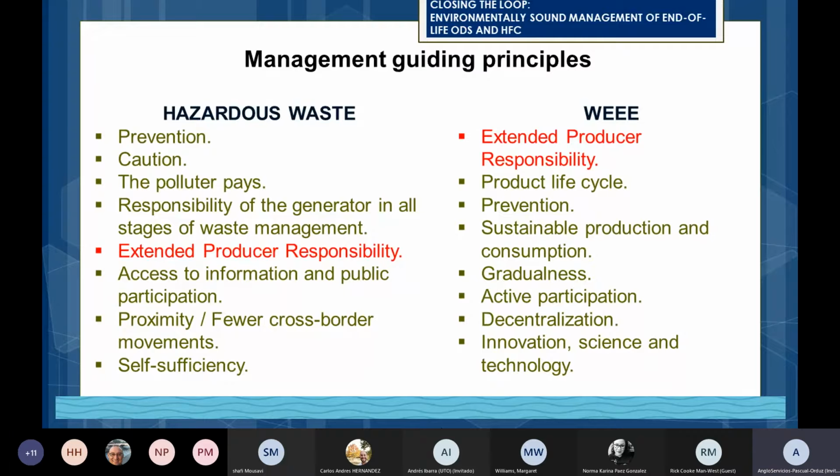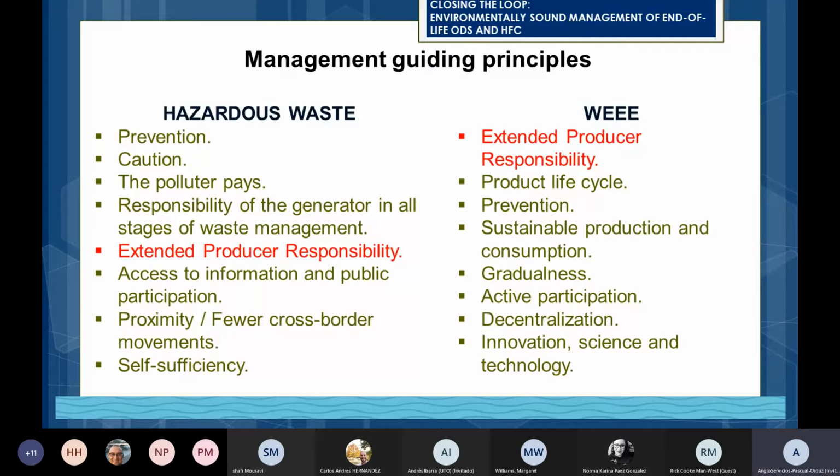Some important points to highlight. These two provisions or policies guide their actions based on several principles. In the case of the hazardous waste policy, we have these principles: prevention, caution, the principle that the polluter pays, the responsibility of the generator in all the stages of waste management, also the extended producer responsibility, access to information and public participation, proximity, fewer cross-border movements of the waste, and then self-sufficiency.